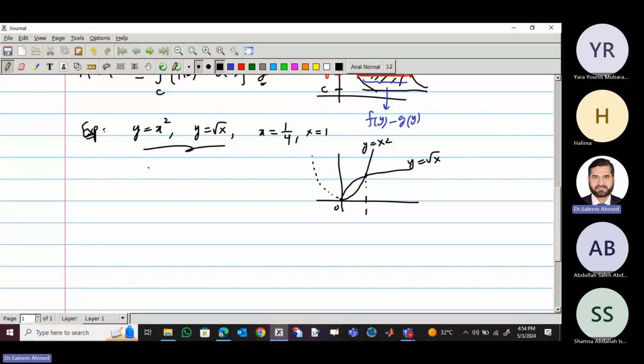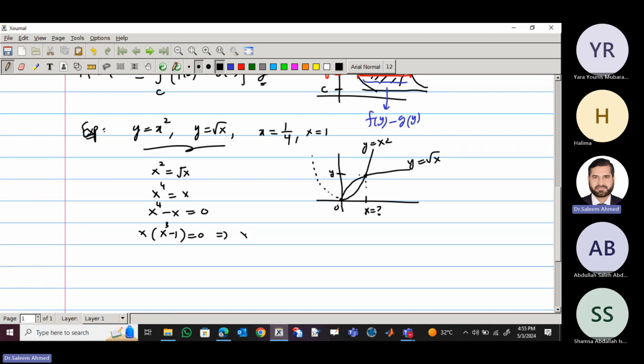You can find the intersection: x squared equal to square root of x. Here your y value is equal, and you want to see what your x is, so you can equate the y values. So x to the power 4 is equal to x, so x to the power 4 minus x equals 0. If you take x common, x cubed minus 1 equals 0.